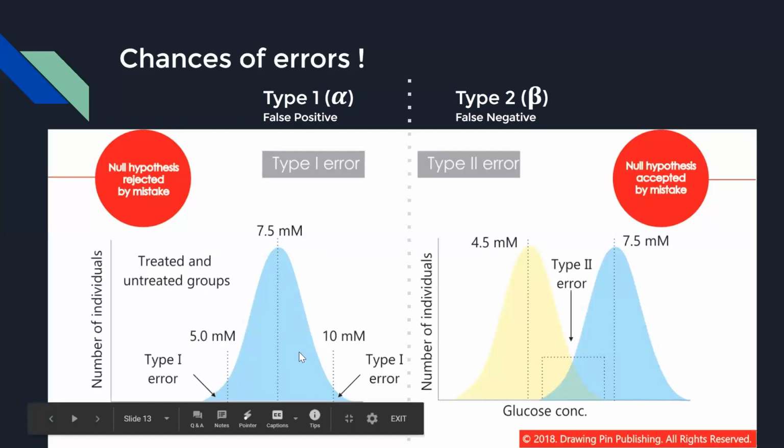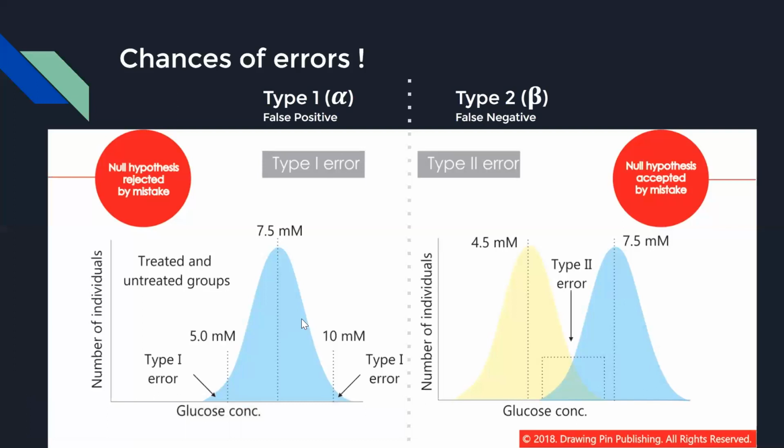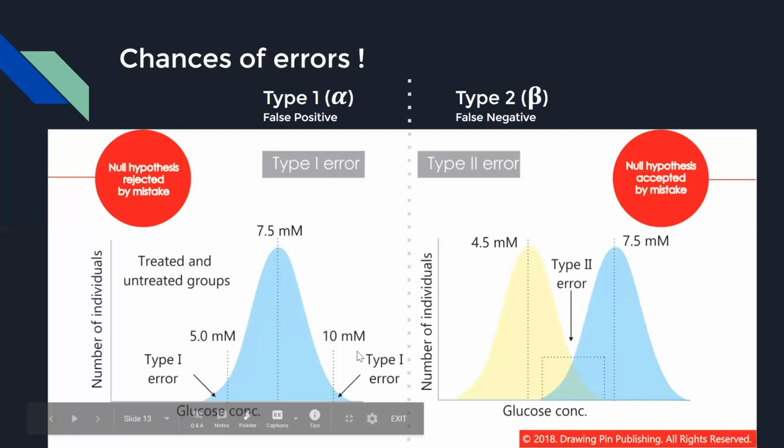so if your animals were on the left side of the first graph where they already have lower glucose, but the mean should have been higher, while the animals in the control group were from the other side, the lower side, and this led to wrong rejection of the null hypothesis.